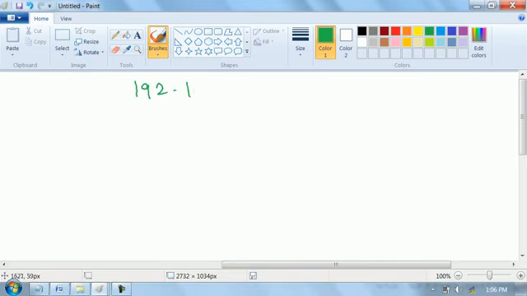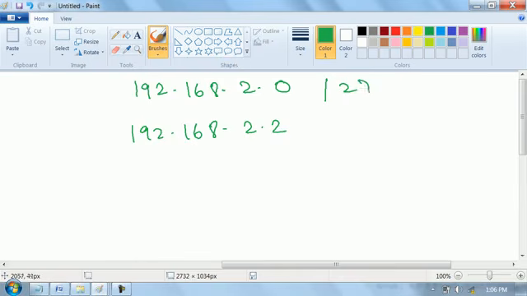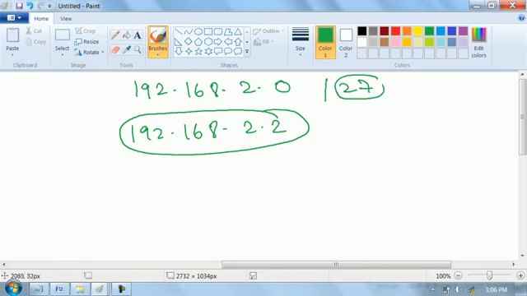Network ID is 192.168.1.0, agree? Any problem? My IP address is 192.168.1.1, subnet mask is /24, router will use this IP and this subnet mask.